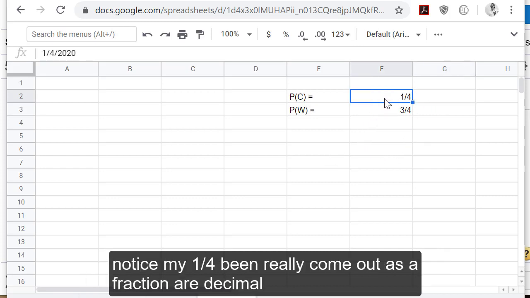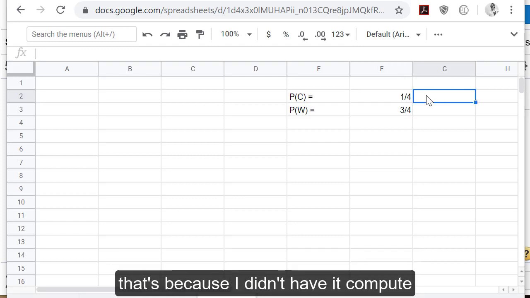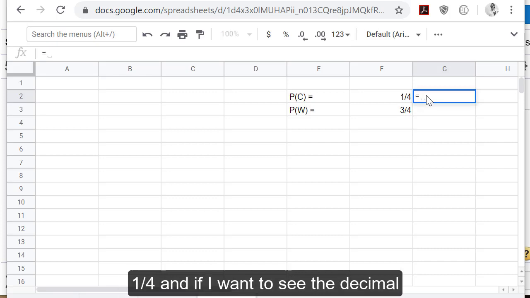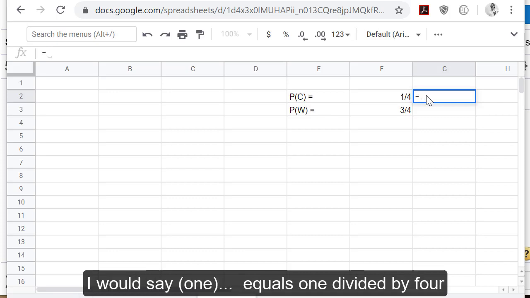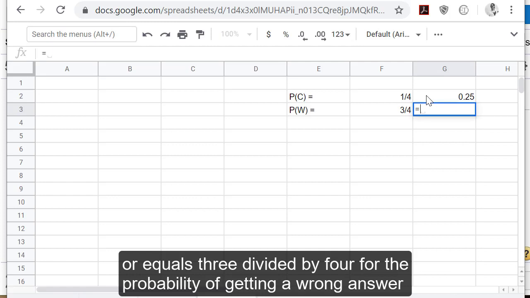Notice my 1/4 didn't come out as a fraction or a decimal. That's because I didn't have it compute 1/4. If I wanted to see the decimal, I would type equals 1 divided by 4, or equals 3 divided by 4 for the probability of getting a wrong answer.